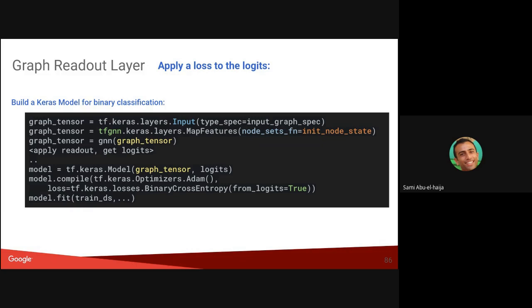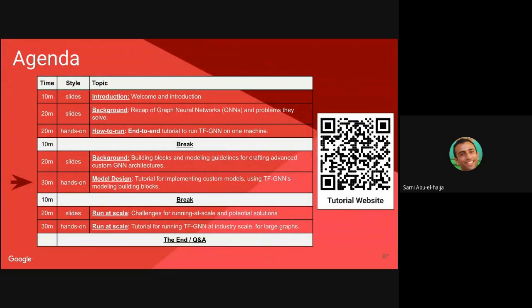Then read out the relevant features from the graph to get the logits layer. Now that you have the logits layer, you can declare your model, build and compile that, specifying optimizer, loss, and metrics values. And you can start the training loop with the model.fit function. So we have completed this slide.